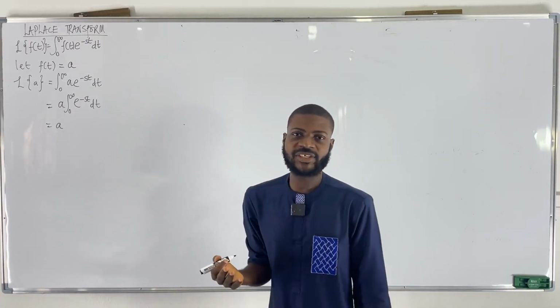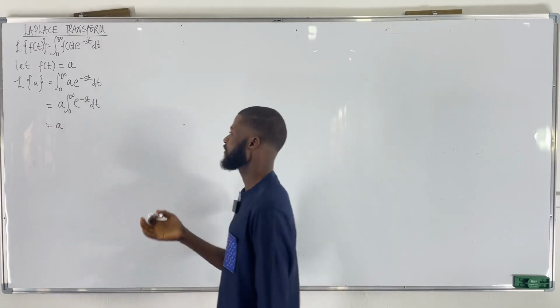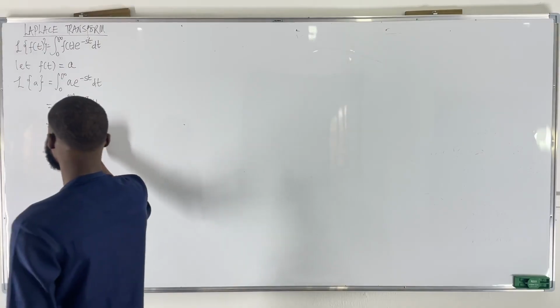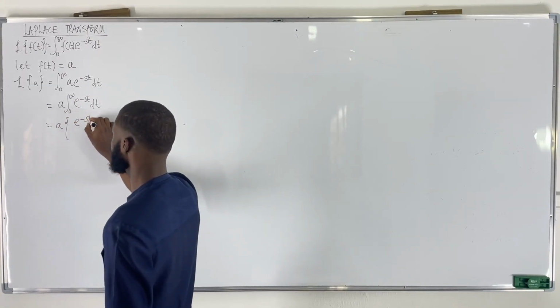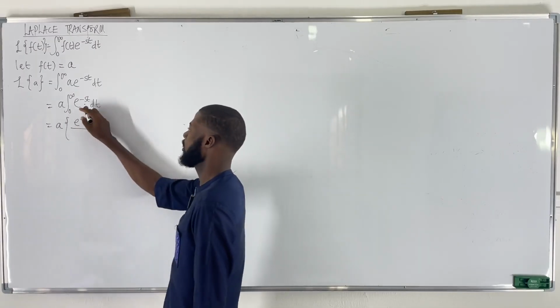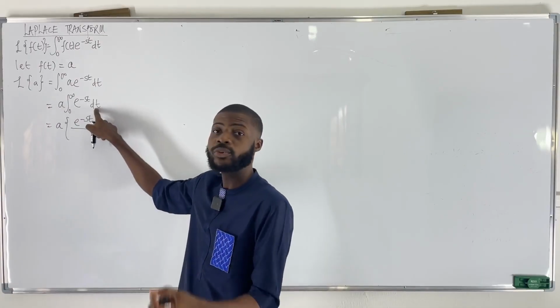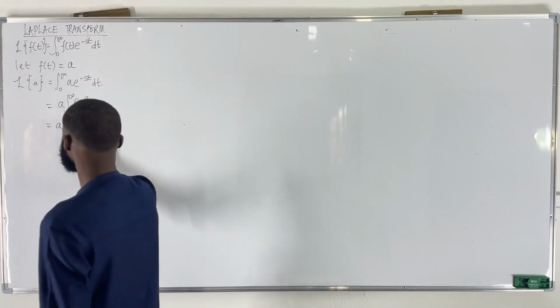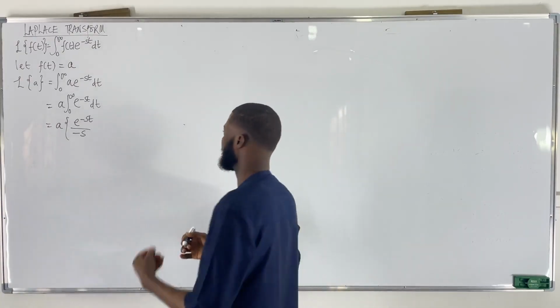Now, how do we integrate exponentials? What we're going to do here is, we have e to negative st, so this is e to negative st divided by, when you differentiate minus st with respect to t, you get minus s. Let me show you this.